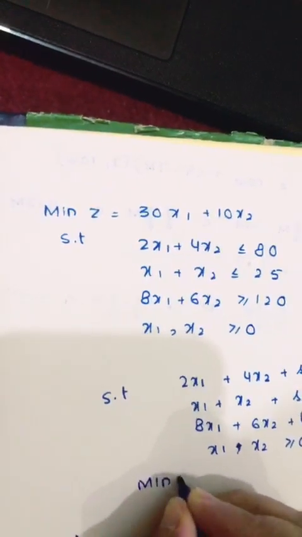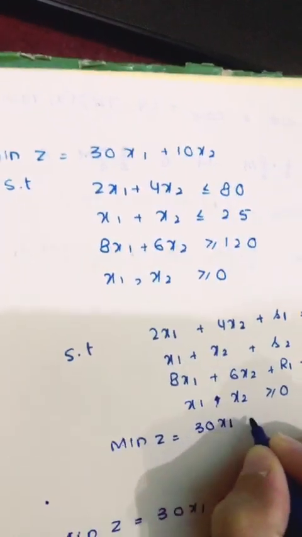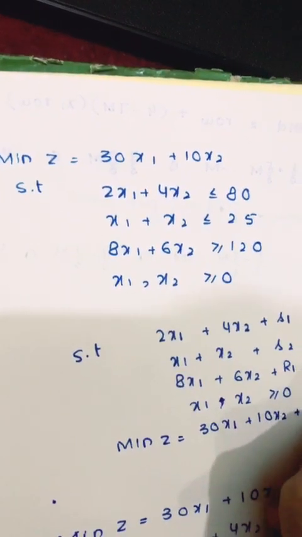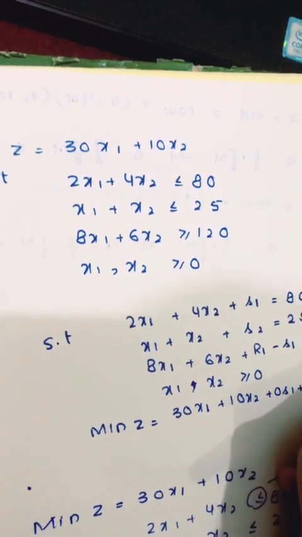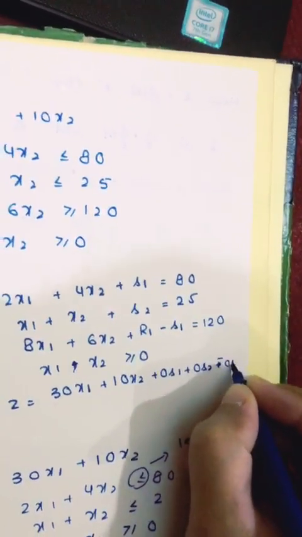Minimization of z, which is equal to 30x1 + 10x2 + 0s1 + 0s2 + 0s3.